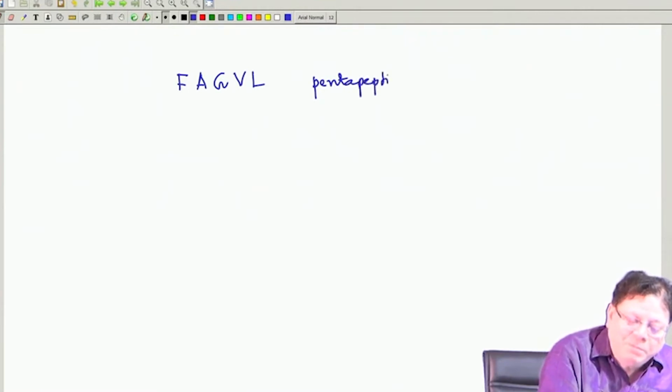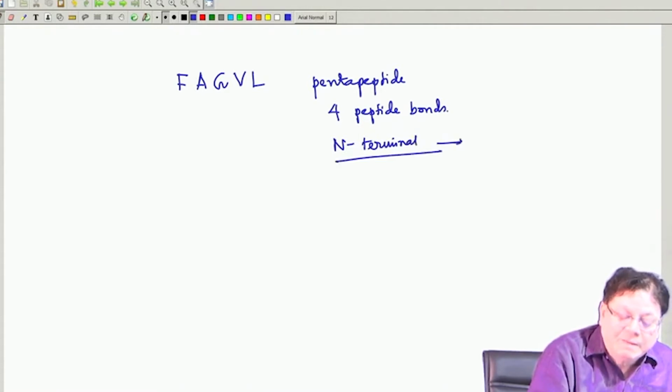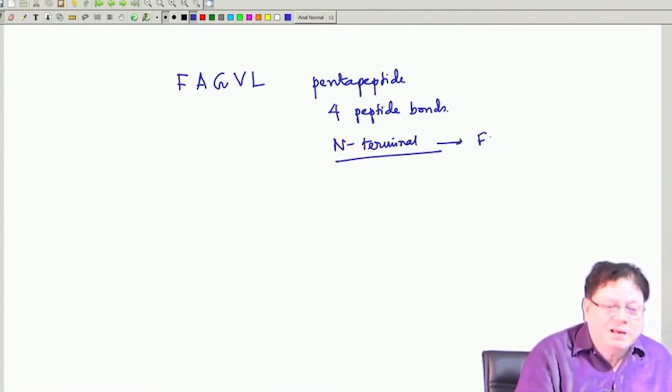Number two is how many peptide bonds it has? 4 peptide bonds. The N-terminus amino acid, or N-terminal amino acid, is F, that means phenylalanine.